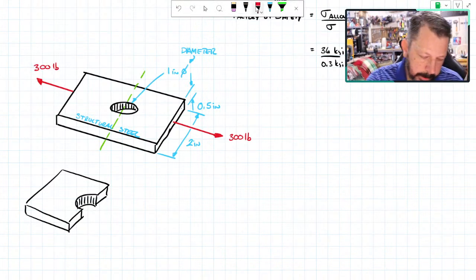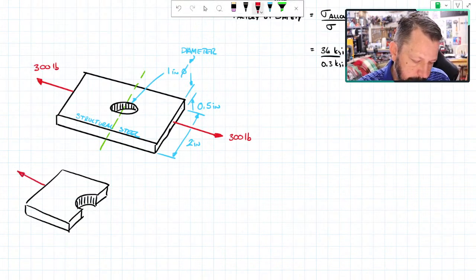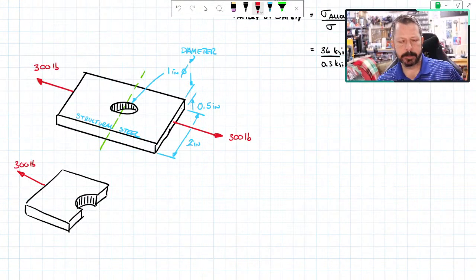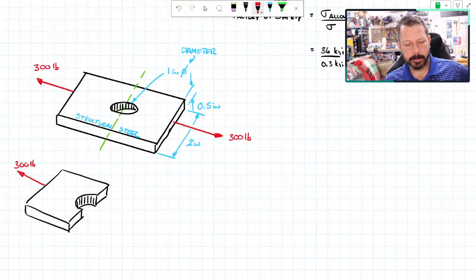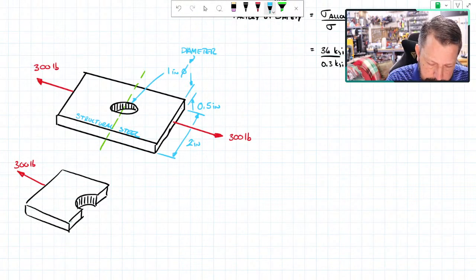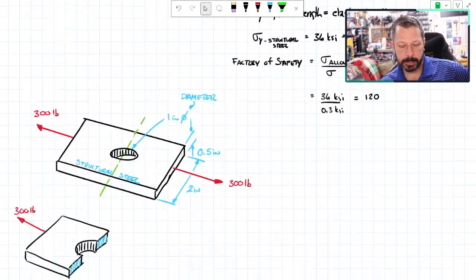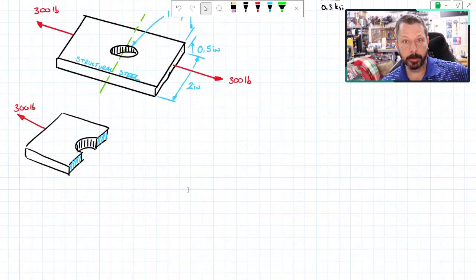It still has 300 pounds over here. I'm going to make some assumptions about our little cross sections that are holding it together, here and here. Before, that went all the way across, right? But now there's a hole in there, so we don't have as much material.